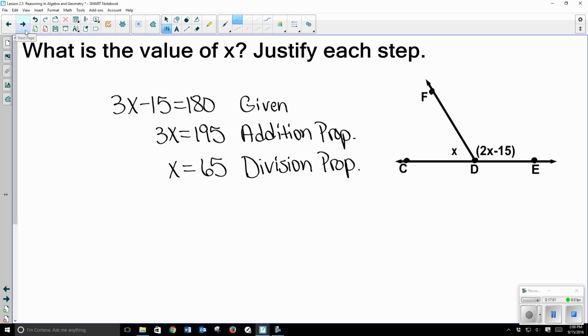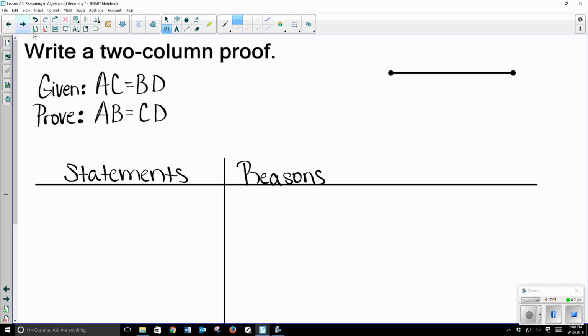All right. So that's more of an algebraic type proof. Next proof we're going to do is geometric. Is anybody still writing that? Next is geometric, and it's not as straightforward.